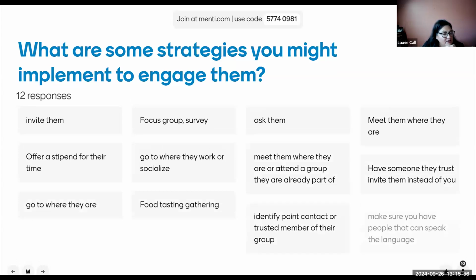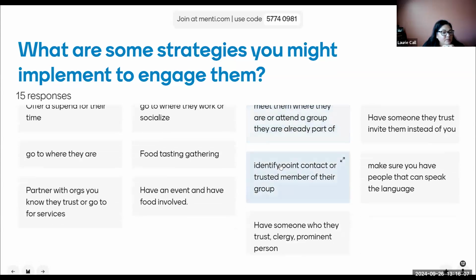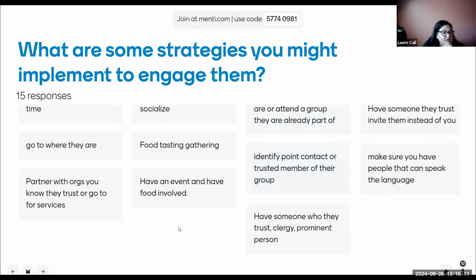Meet them where they are, great. Offer a stipend for their time, go to where they are, excellent. Food tasting gathering, meet them where they are or attend a group that they're already part of. Identify a point of contact or a trusted member of their group. So some kind of connection that you have.